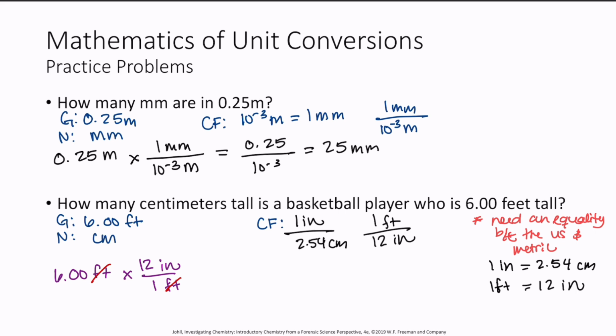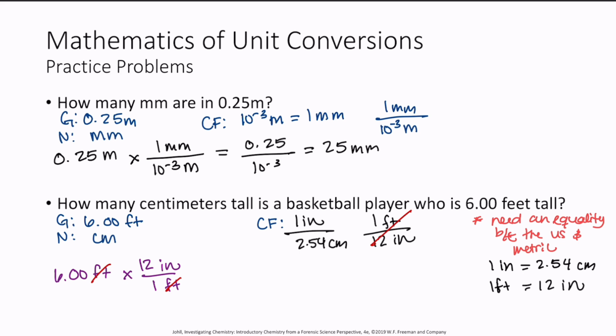They cancel out. I also like to cross out a conversion factor that I've already used so I don't accidentally reuse it. Now for my next conversion factor, I want to look for the one that has inches in it because that is what I have right now. The only other conversion factor left does indeed have inches.